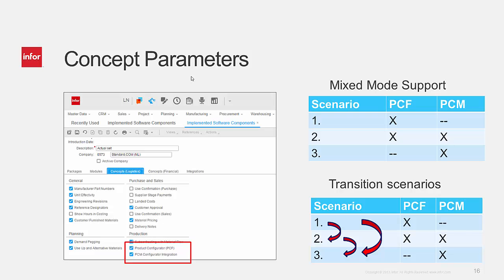Users can opt to have both PCF and PCM implemented in the same company at the same time. There are different scenarios possible for item configuration when both concepts are enabled. At a given point in time, the configuration of an item and its generation of a custom structure can be done either by PCF or by PCM.